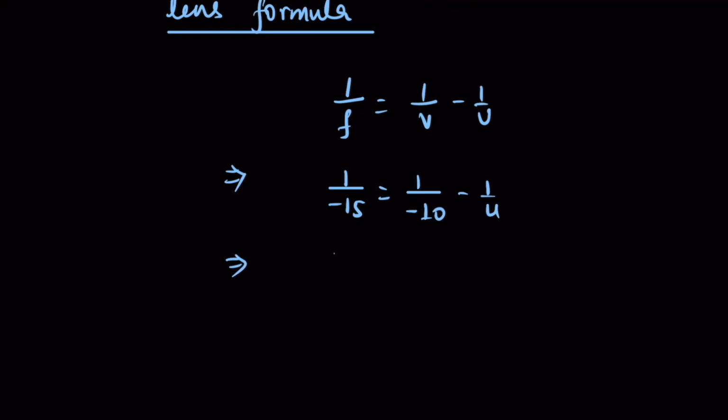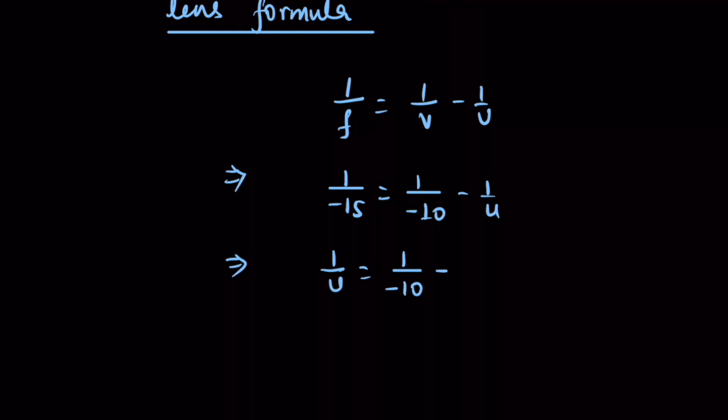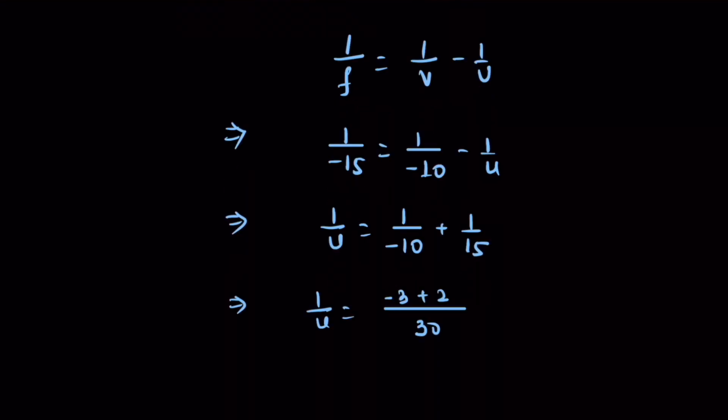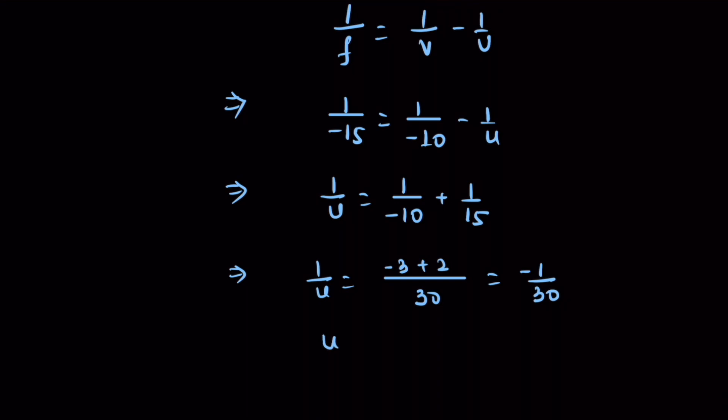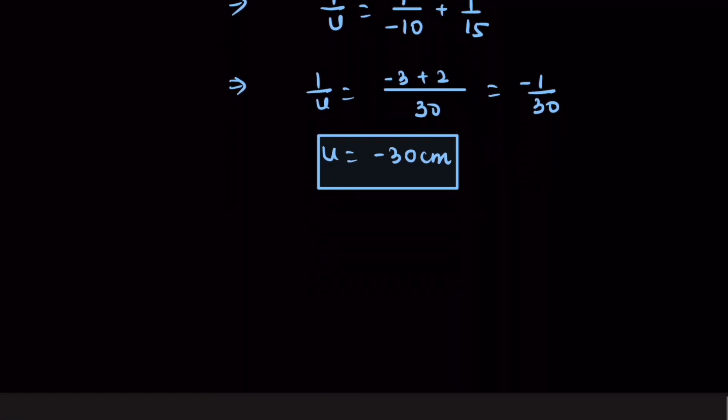So we can write 1 by u is equal to 1 by minus 10 plus 1 by 15. By taking LCM, we will get it as minus 1 by 30. So U is minus 30 centimeter.